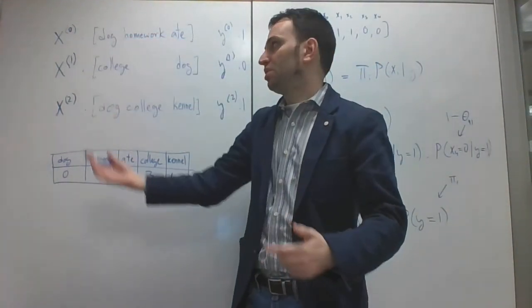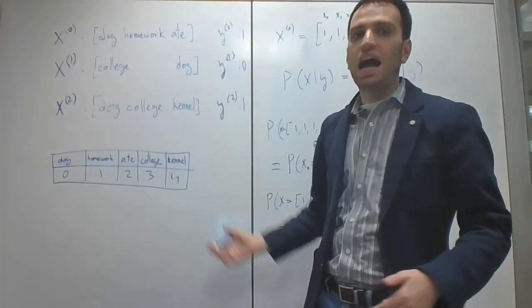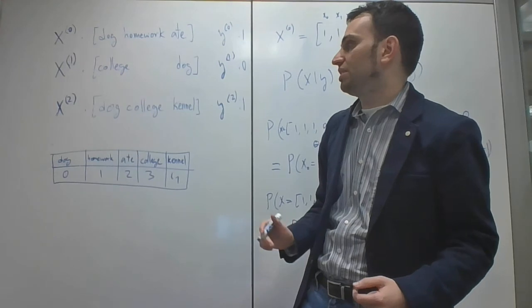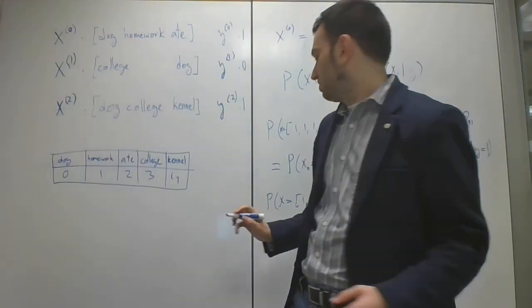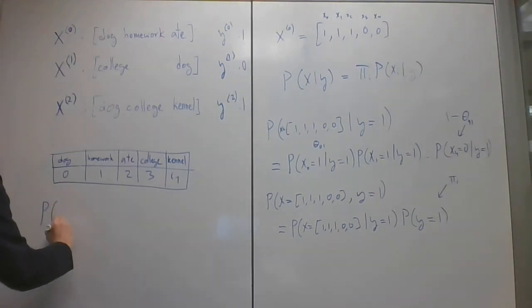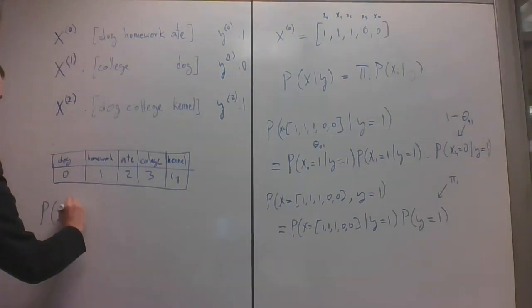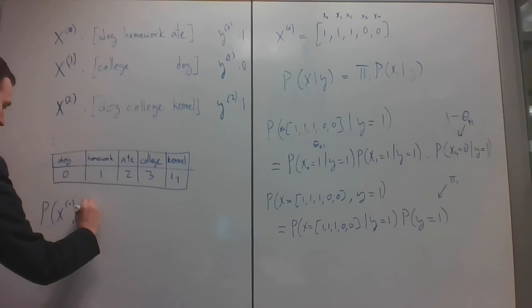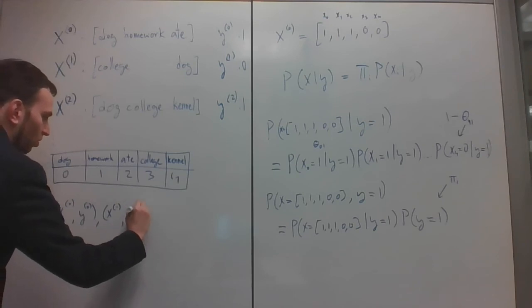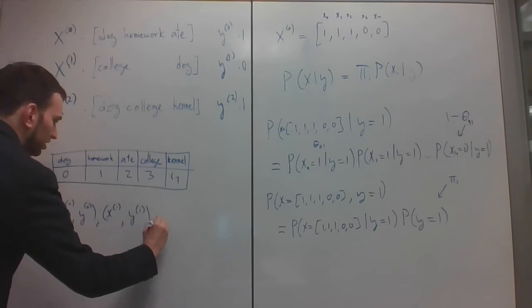If you want to compute the probability of the entire training set, so the likelihood of the training set, you would say the probability of x0, y0, and x1, y1, and so on.